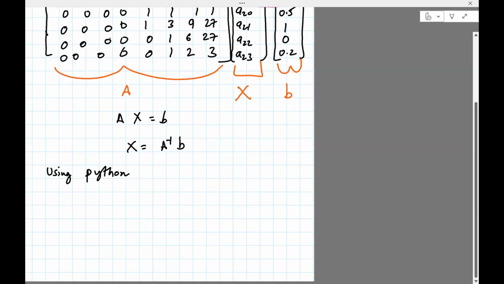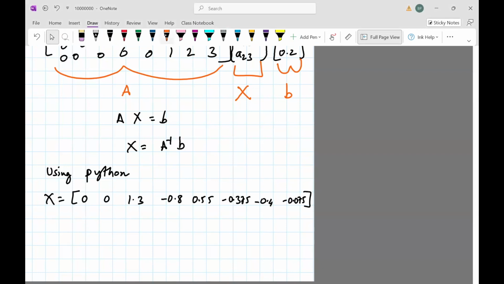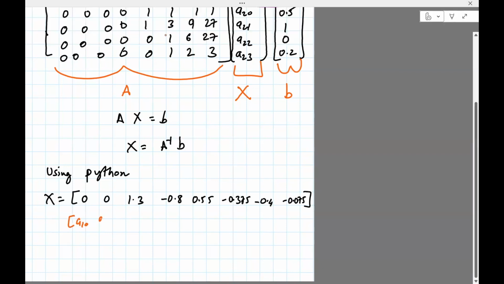So using Python, what I got was X was 0, 0, 1.3, minus 0.8, and I'll show you the code, 0.55, minus 0.375, minus 0.4, minus 0.075, which are A10, A11, A12, A13, A20, A21, A23.